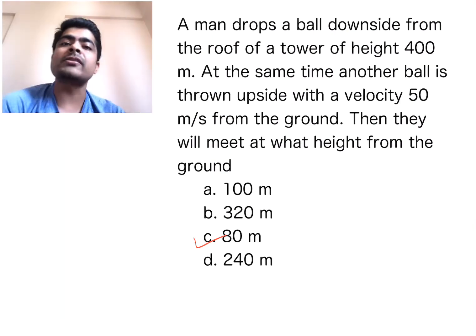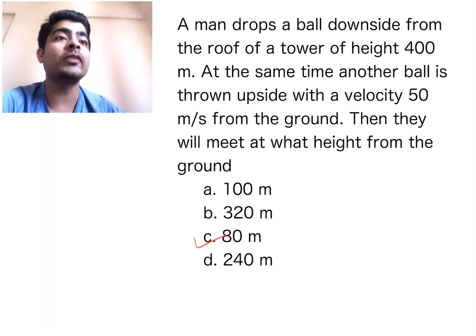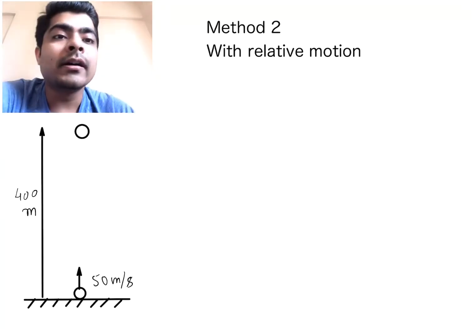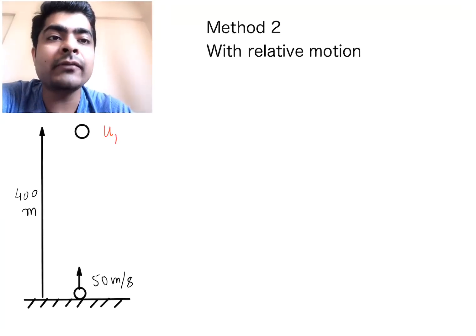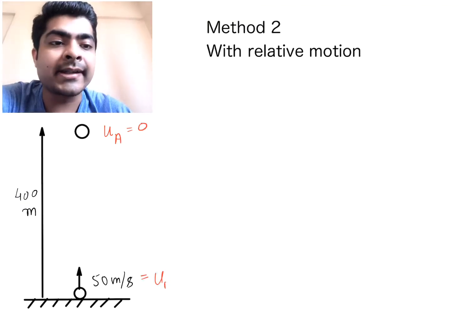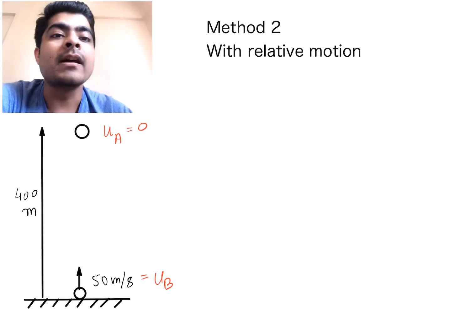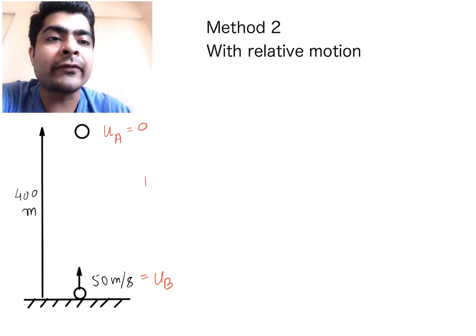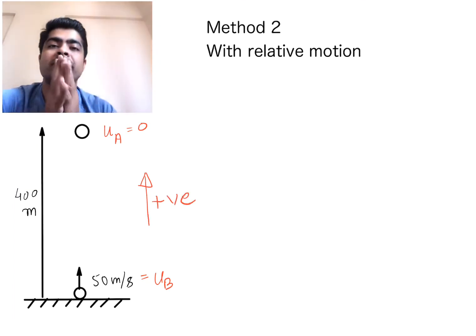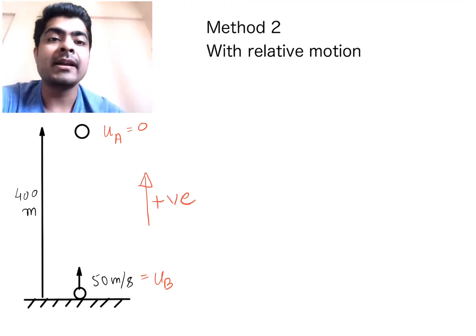Now let's solve this question using the second method, which is relative motion. In relative motion, let's write down the initial velocity of A, 0, and the initial velocity of B. Now for both of them we need to define a common reference frame. I am taking the upward direction as positive for both of them.